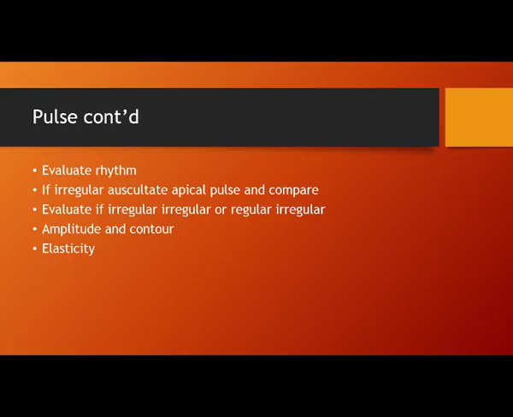And +3 either doesn't obliterate or it takes a lot of pressure to obliterate it. Then contour is just the pattern of the pulsation itself. It should suddenly go up and then go down a little more slowly. Then elasticity of the arteries refers to whether those arteries are elastic or rigid.